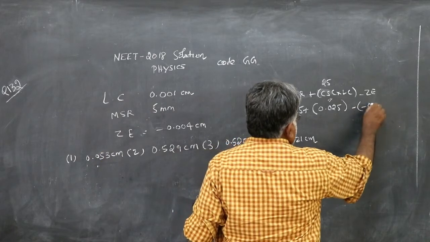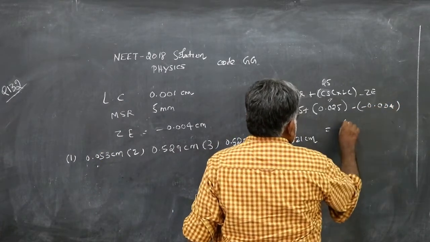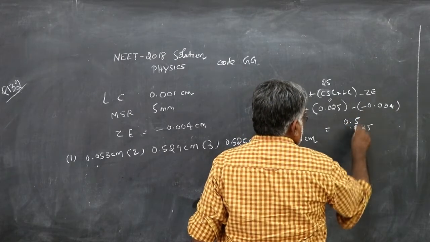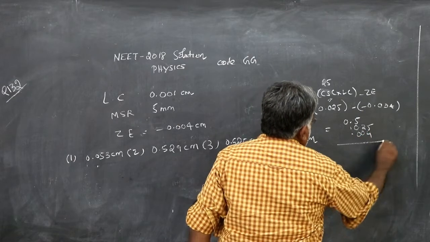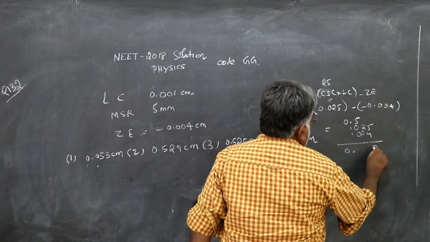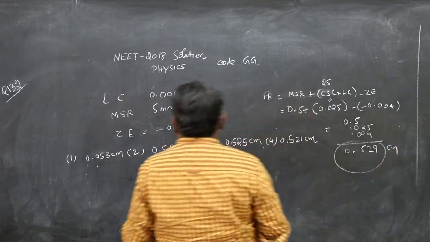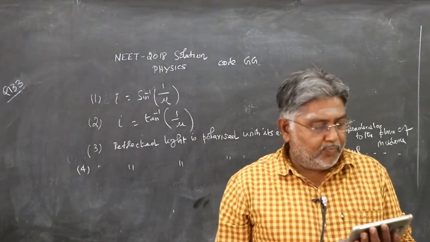So minus of minus 0.004. So this is 0.5, 0.025, minus and minus plus 0.004, 0.529 centimeter. Second option is correct. Next question.